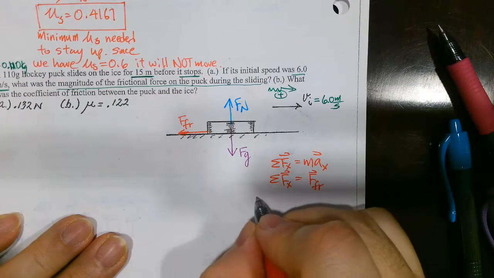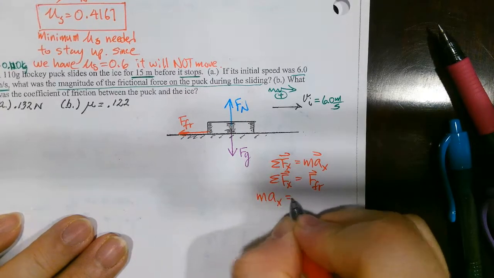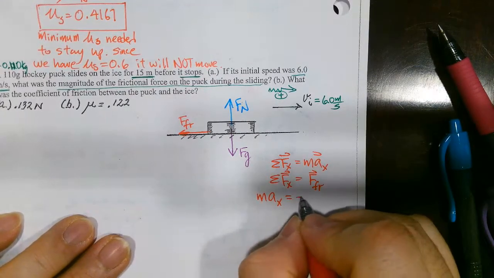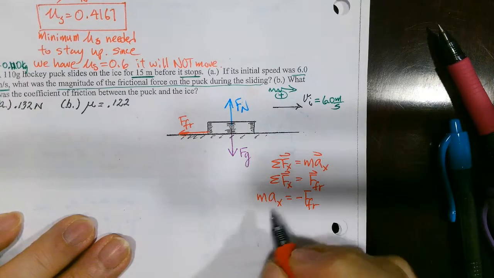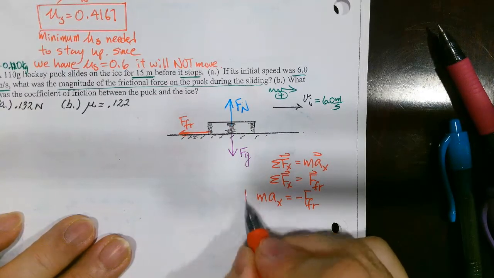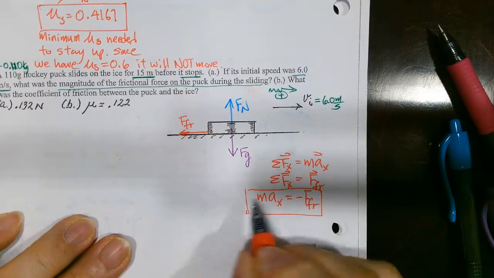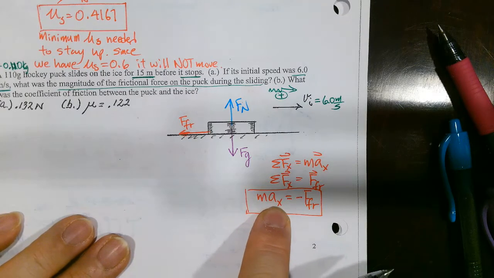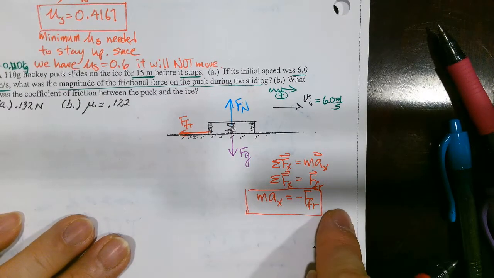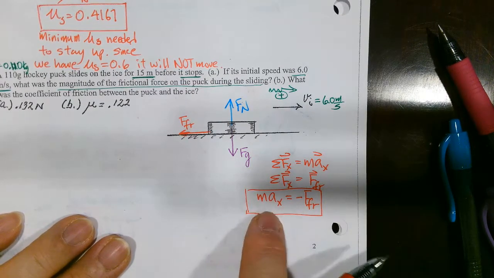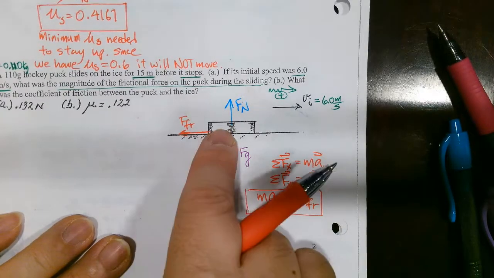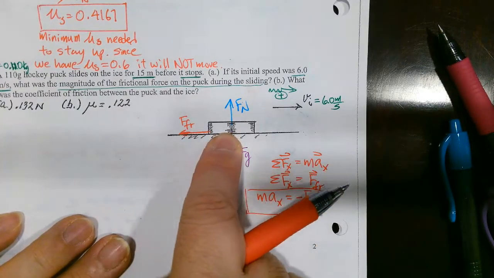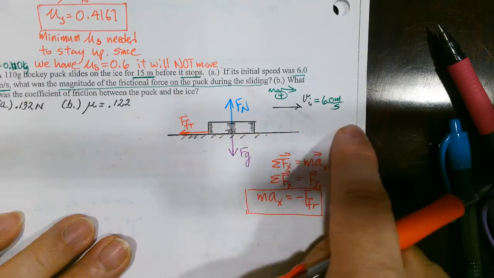So max is equal to negative F friction. This is good to know. If we know our acceleration, we could calculate our friction. But we don't know our acceleration yet. So let's calculate the acceleration, which is actually deceleration, because it's going to slow down to 0.